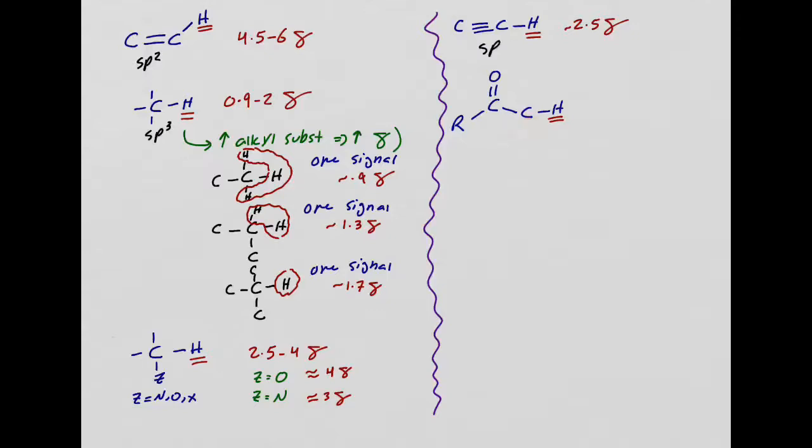Versus here, this carbon is attached to a carbon that is attached to an oxygen. It's kind of like not having a friend, but having a friend of a friend, right? So it's not as high of a chemical shift as the case before. So what we have around here is 1.5 to 2 ppm. Sounds about right. So far, so good. Okay, and I'm going to make a note of this again.